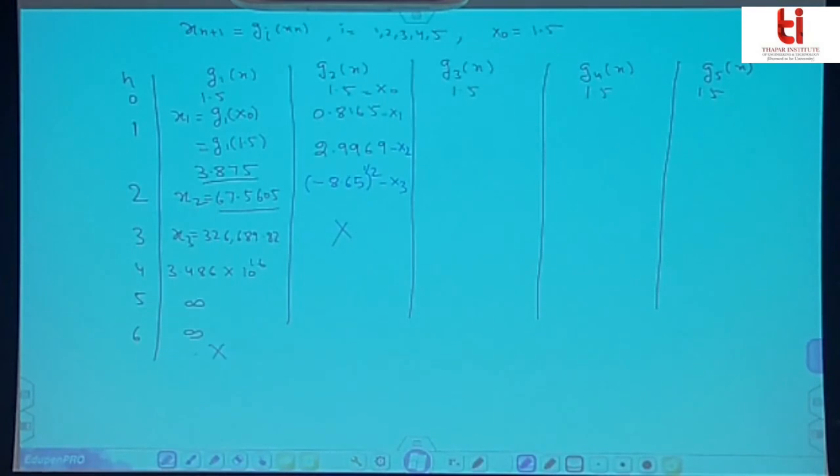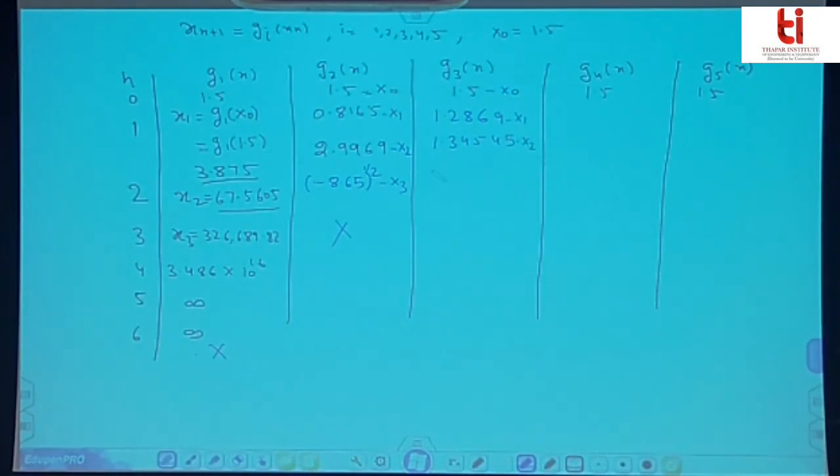Now we'll check g3(x). For g3(x), the conditions are satisfied and we are taking the initial approximation as 1.5. The value of x1 we computed is 1.2869. Next value is 1.34545. So these are the values x0, x1, x2.